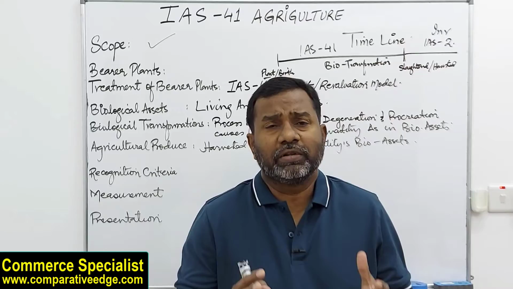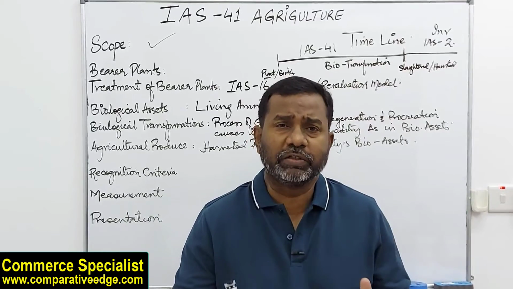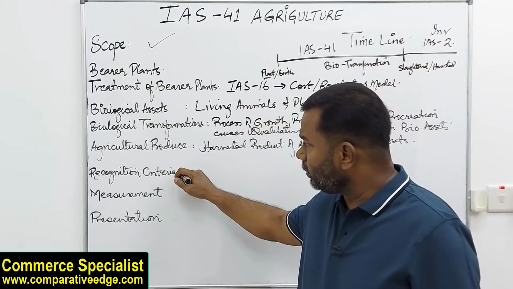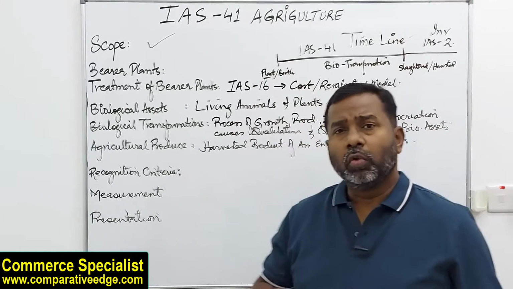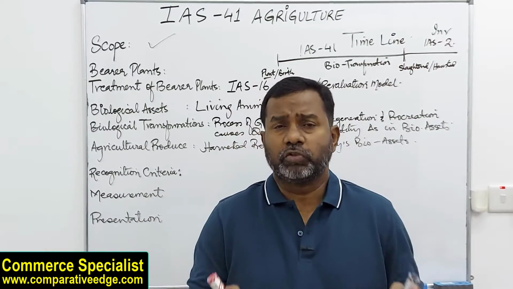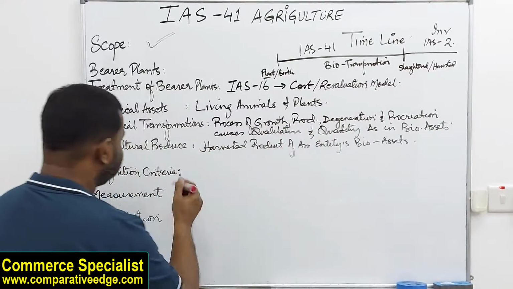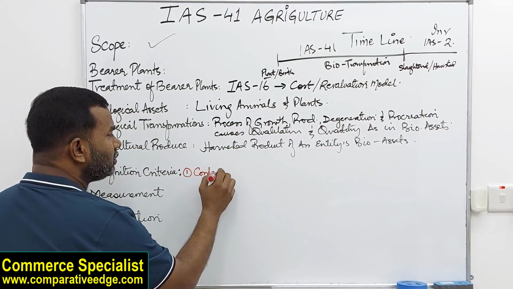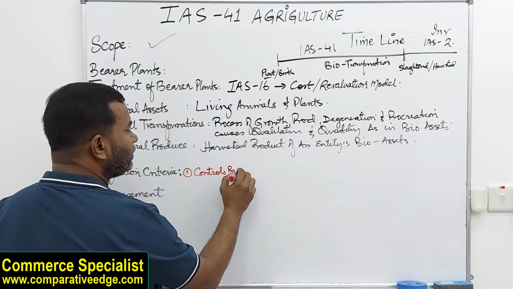Now, the next important thing when it comes to application of IAS 41 Agriculture is the recognition criteria. When can we recognize biological assets? There are three points to be considered. Number 1, when the organization controls the biological assets.